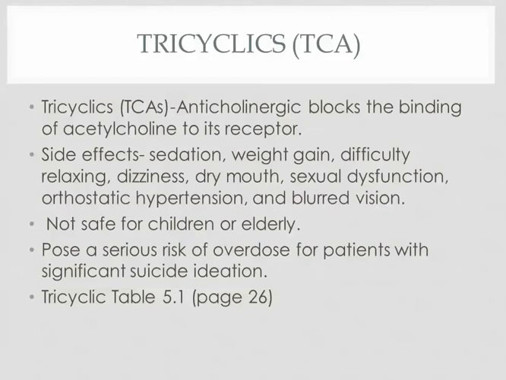The TCAs are not clean medications, and therefore they might affect many non-targeted organs and systems in the body. The TCAs prevent the reuptake of neurotransmitter substances back into the presynaptic cell. TCAs are also anticholinergic, which means they block the binding of acetylcholine to its receptors.